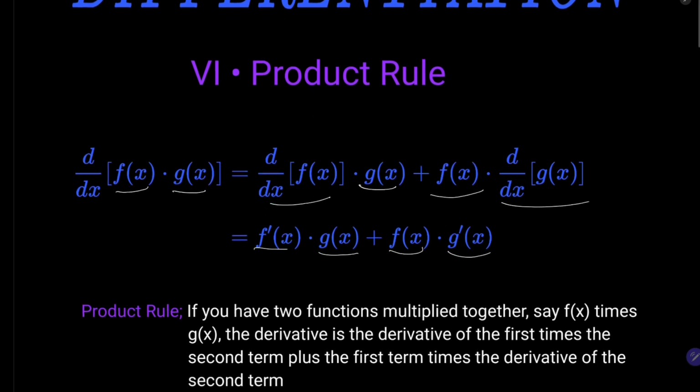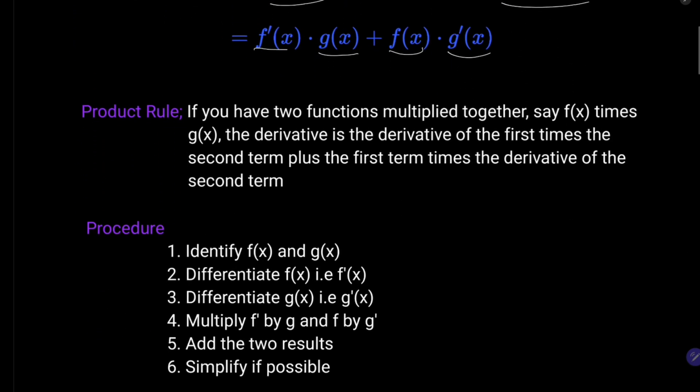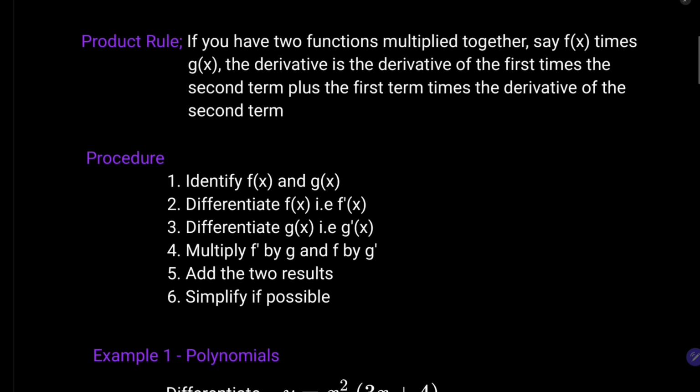So in order to perform the product rule, we have come up with 6 steps to follow for any product. What does this step say? First step, or step 1, identify your two functions. We always need to identify our f of x and our g of x in order to apply the product rule.